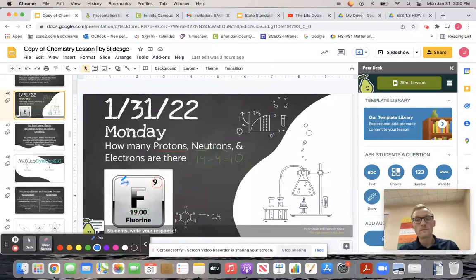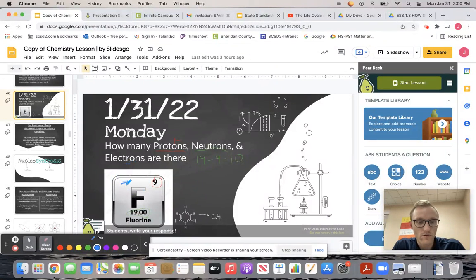Well, that's not true. When we hear the word charge, we know that protons have a positive charge, and electrons have a negative charge. So when we say neutral, we're saying we have the same number of positively charged protons as we do electrons.